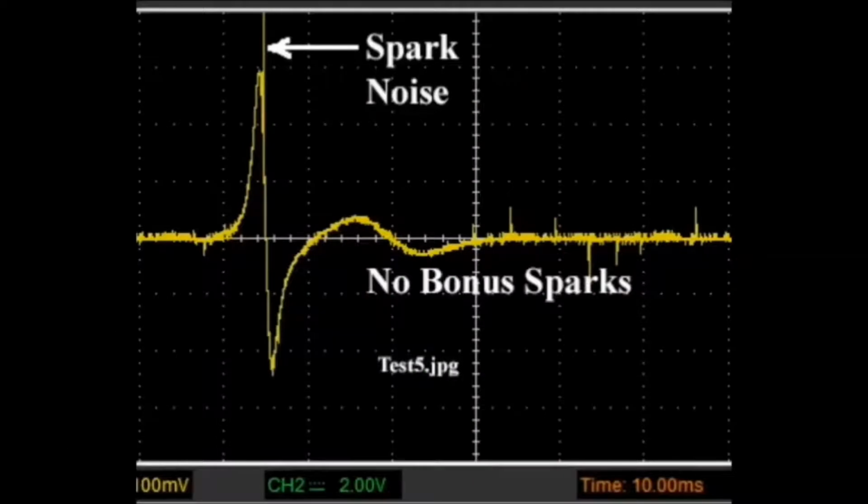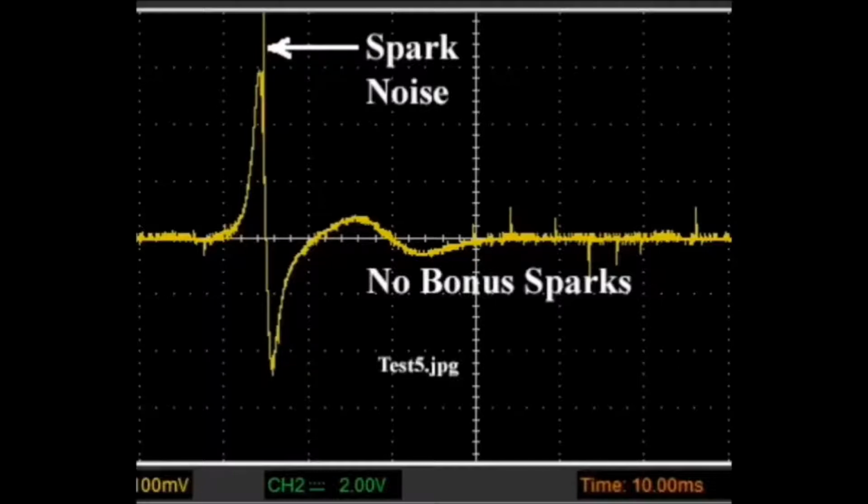What I did is I turned the power on for the ignition, and one of the first things we can see is there's a huge spike that occurs almost on top of the positive pulse from the trigger coil.